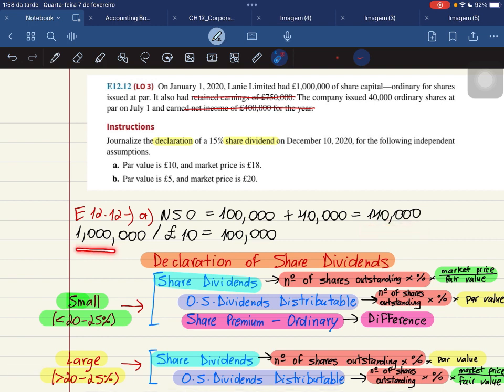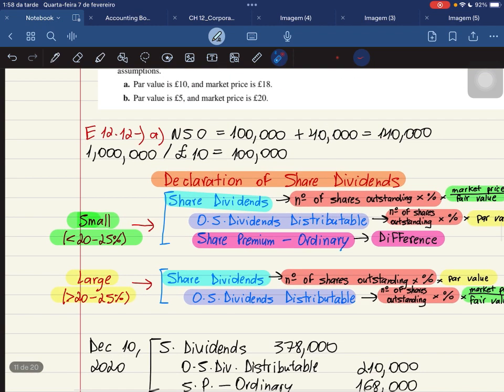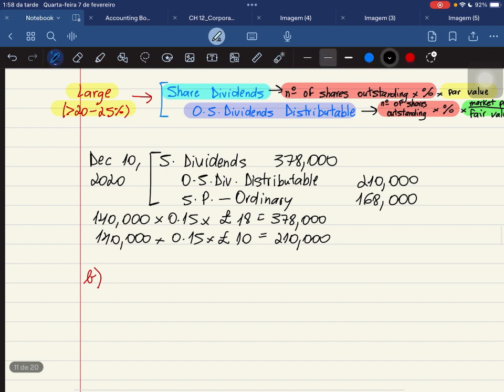Well, we divided that £1,000,000 by 10, which was the par value of letter A. But in letter B, the par value is 5 pounds, not 10. So we have to calculate the number of shares outstanding again. The first number will be that £1,000,000 divided by 5 pounds, not 10. And that will give us 200,000.